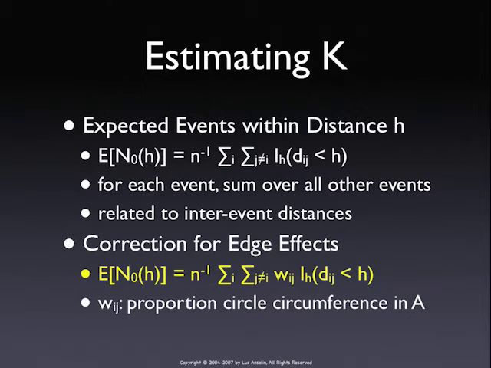How do we estimate the K? We already talked about this. It's pretty straightforward. Averages. So expected events within a distance is the average of the number of events within that distance. So for each of the events in the data set, for a given distance, we look at how many other events are within that distance, and then we divide this over by the number of points in the pattern.